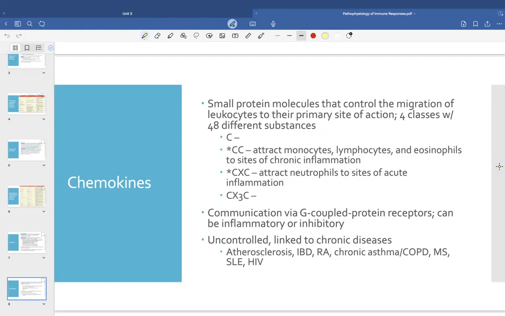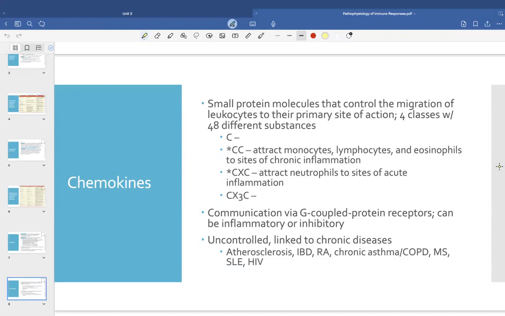And you can see that class CC attracts monocytes, lymphocytes, eosinophils, okay? And then class CXC is going to attract neutrophils. So you can see where they would play a role depending on the type of infection or inflammatory response.